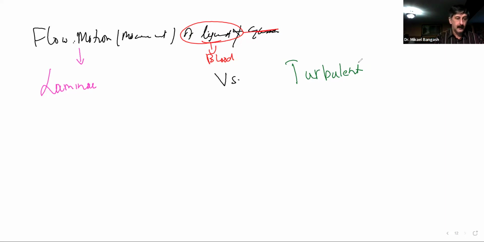Just keep in mind, guys, laminar flow is mainly going to be normal, whereas turbulent is going to be abnormal.